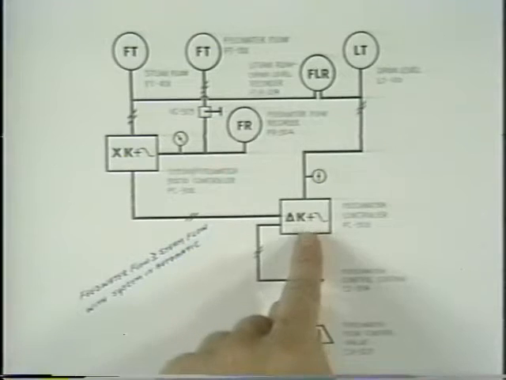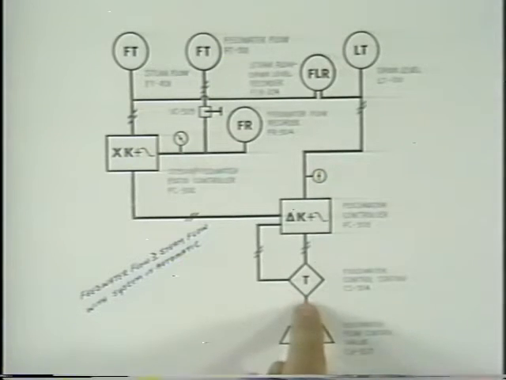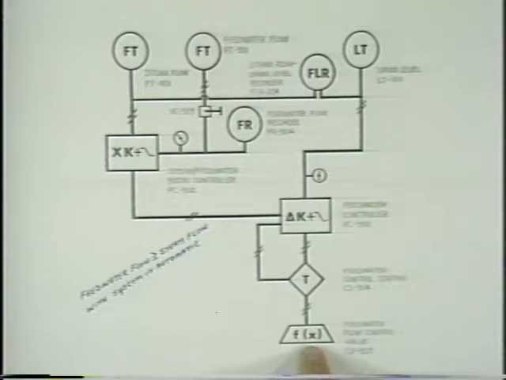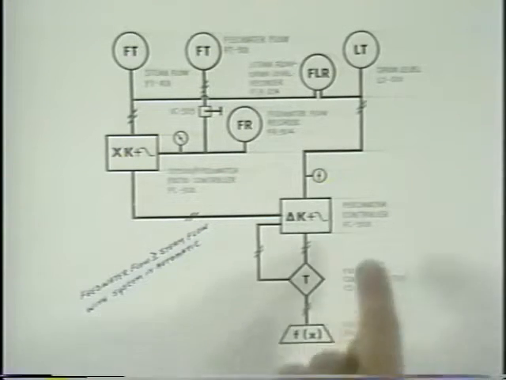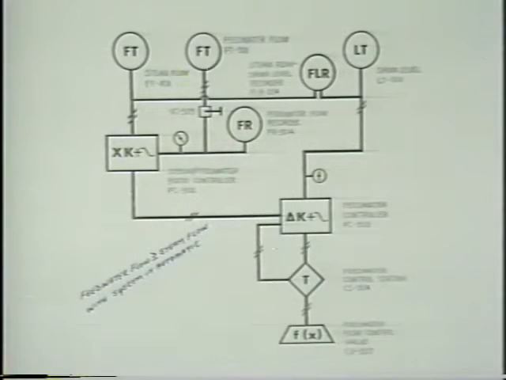The output signal from the feed water controller is sent through a hand auto control station down to a feed water control valve that regulates the amount of feed water that goes to the boiler drum. That's simple enough.